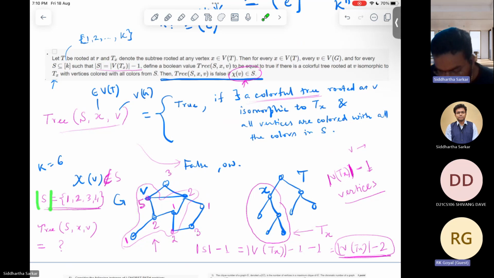So here modest in this example is 4, whereas maybe the graph had too many other vertices and edges, and in fact 5 colors were used to color the vertices of the graph. That is possible. So depending on what the coloring is for a given vertex V, we will be able to answer whether the color of that vertex belongs to S or not.